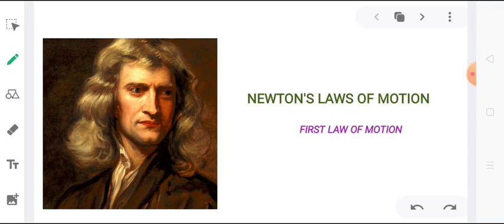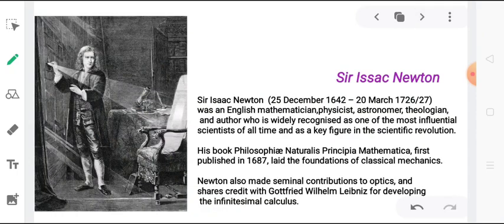But before we start learning about the law of motion, let me tell you a little bit regarding the life and contribution in the field of science of Sir Isaac Newton. Sir Isaac Newton was an English mathematician, physicist, astronomer, theologian, and author who is widely recognized as one of the most influential scientists of all time and as a key figure in the scientific revolution.